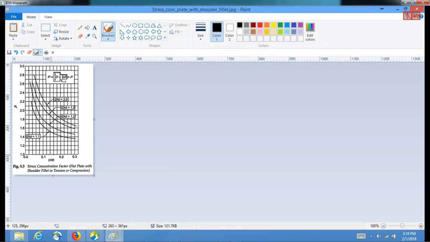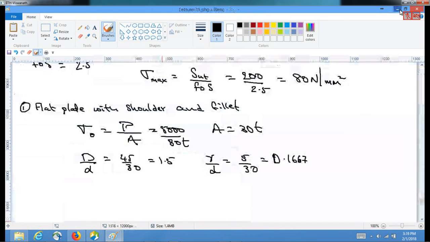This is in 4 divisions, right? So 0.25, 0.5, 0.15, 0.175, so somewhere close to here, somewhere in between these two. It is around Kt is 1.8 coming from this picture.